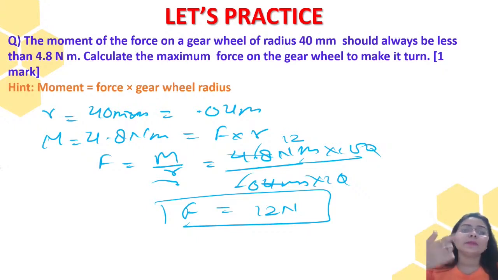If they are giving you the moment and force, you can find the radius or size of the gear wheel. They will not directly ask you to find the radius. They'll just ask which one will be the larger, which one will be the smaller. You should always keep in mind that if they are asking for size, they are definitely asking for the radius of the gear wheel.